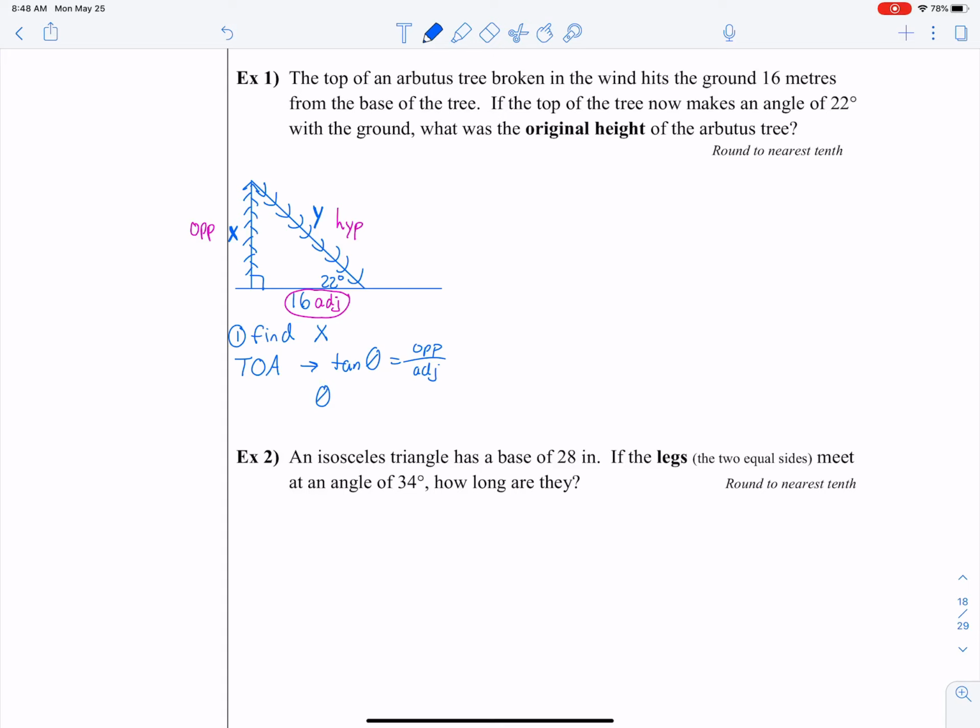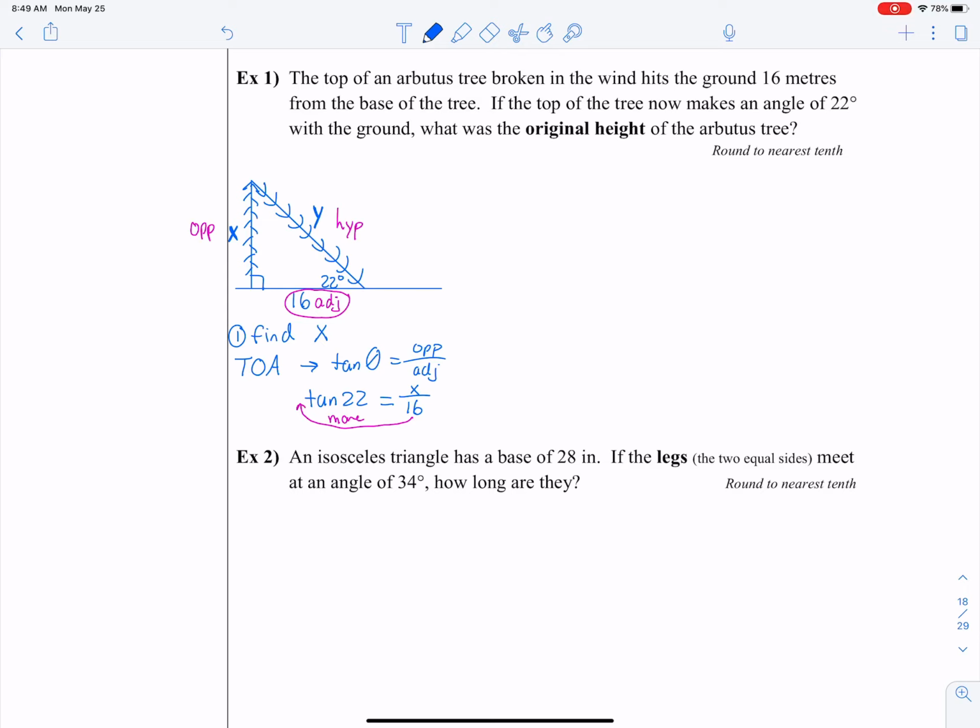So we get tan 22 is equal to, my opposite is X, and my adjacent is 16. Since my number is on the bottom, I'm going to move it over here.